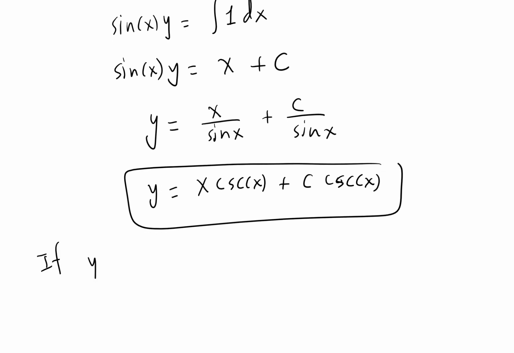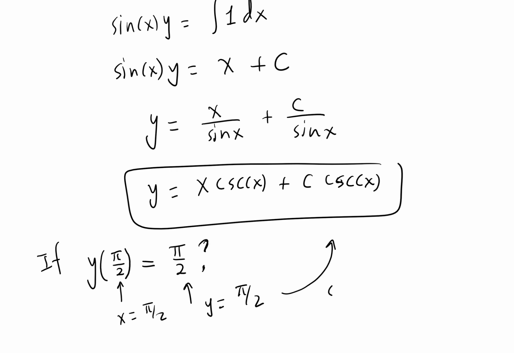If y of pi over 2 equals pi over 2, what happens then? Well, this is saying when x is pi over 2, y is pi over 2.